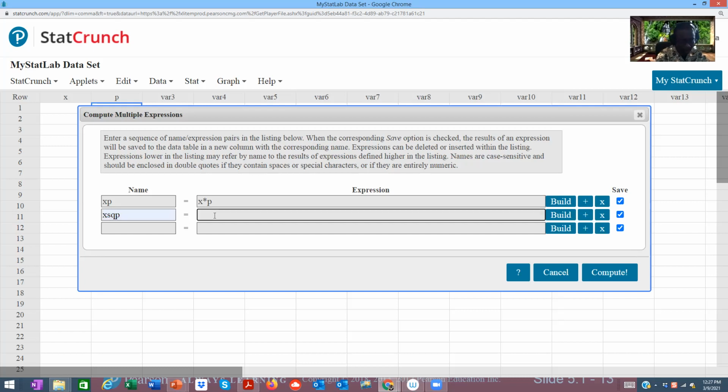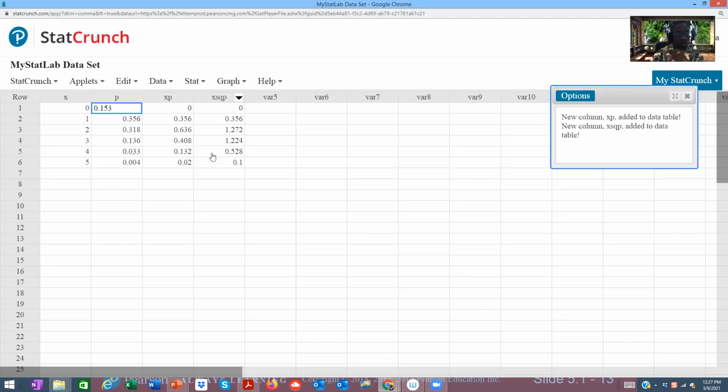Shift 6 is squared, or I can do x times x, then times the p. When you compute, it's going to add 2 more columns.